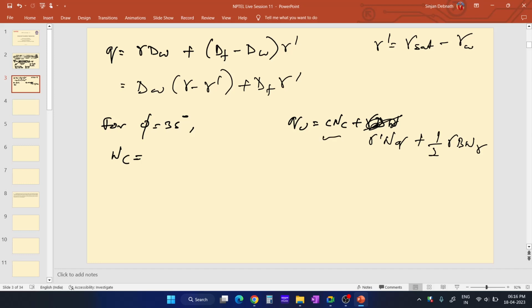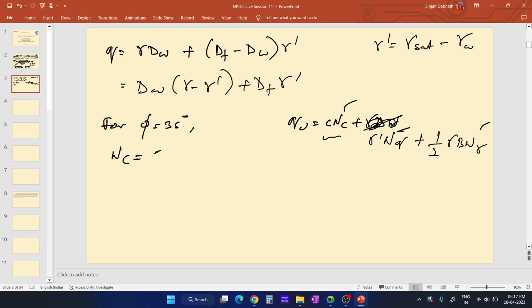So for this part, how much is Nc? The bearing capacity factors Nc, Nq and N gamma all depend upon the phi value, the angle of shearing resistance or angle of friction. For phi equal to 35 degrees, if you look at the Terzaghi chart or solve the equations given by Terzaghi, you will get the values.